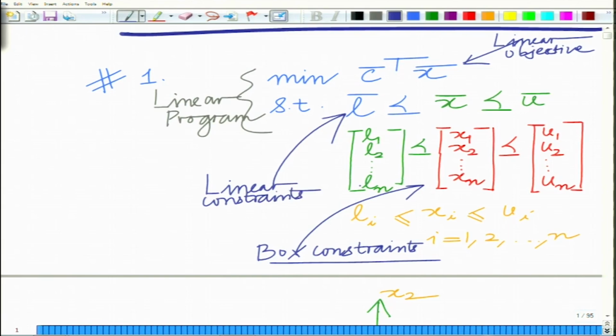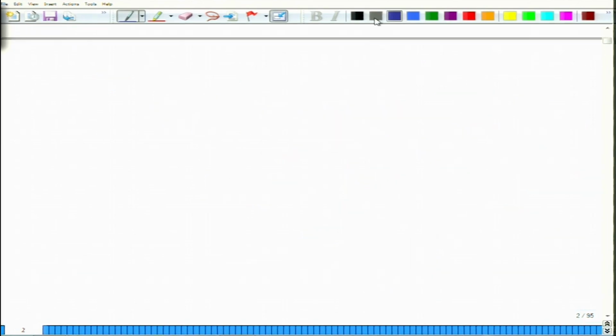And the solution for this is fairly straightforward. It's a simple example. If you look at the objective, you have c bar transpose x bar, which is basically the summation over i equal to 1 to n of ci xi.